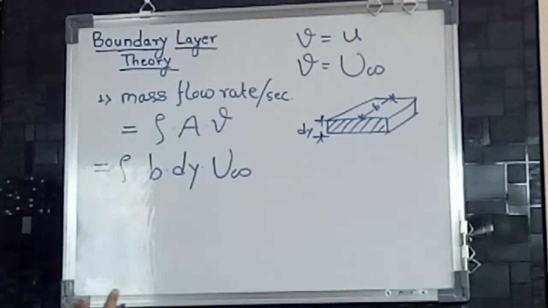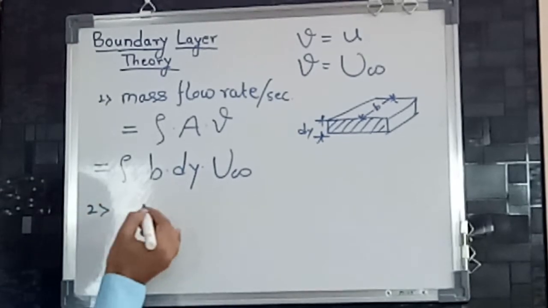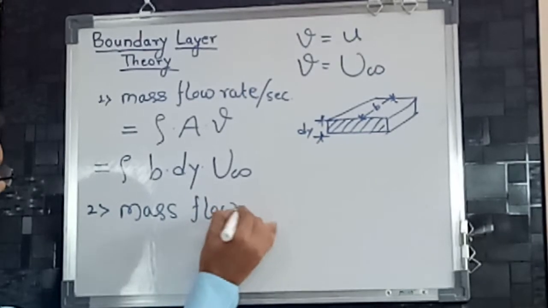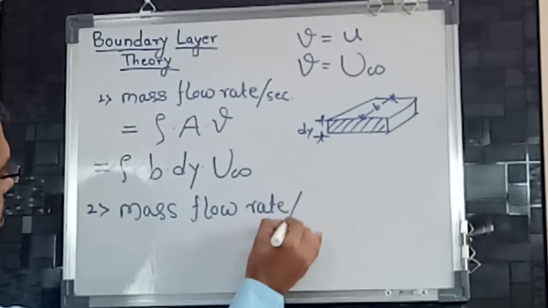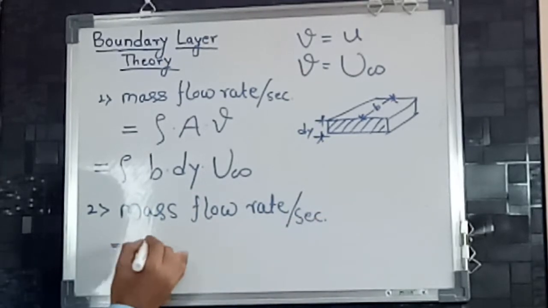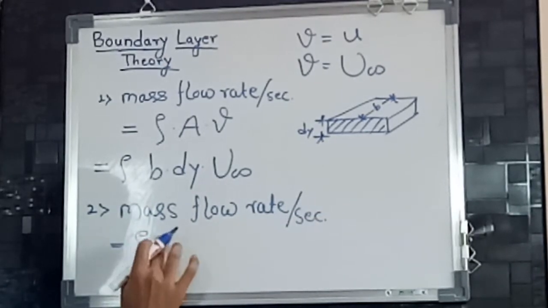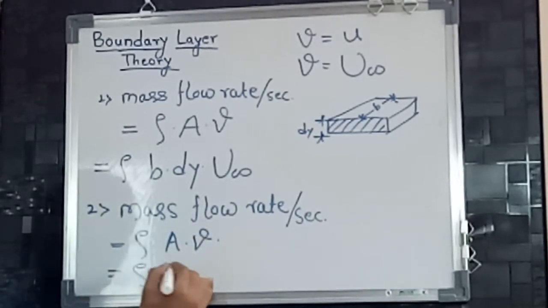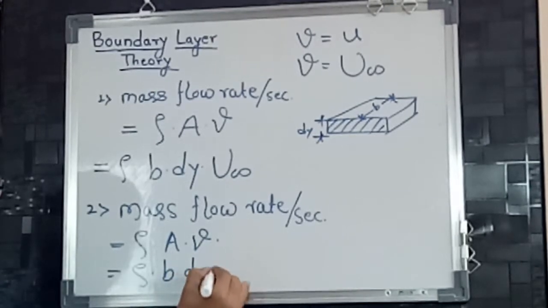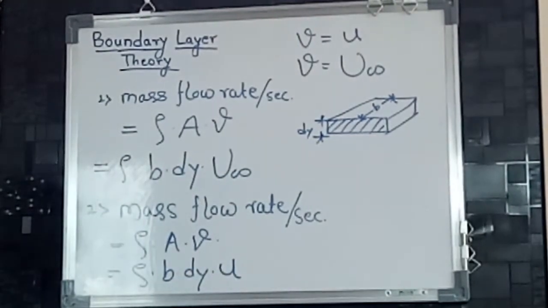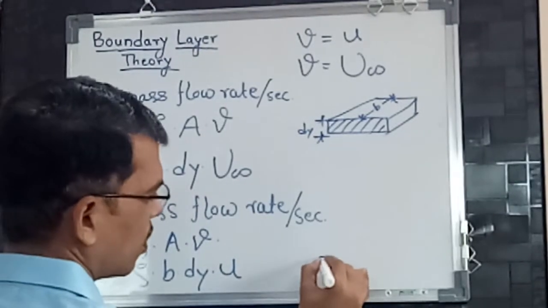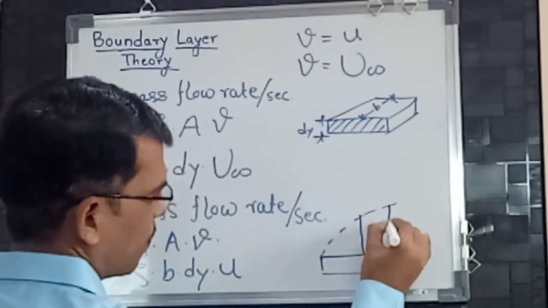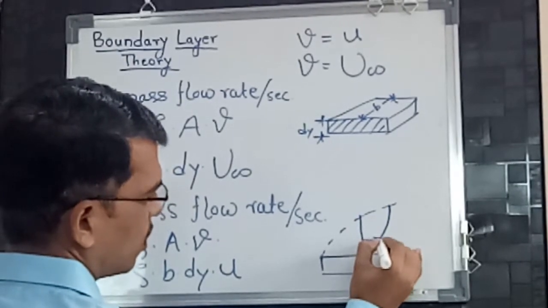Now second, if we consider the plate, again the same formula, area into velocity, but here rho into b as it is, the area is the same, here only u will come, because this portion, we consider this velocity.